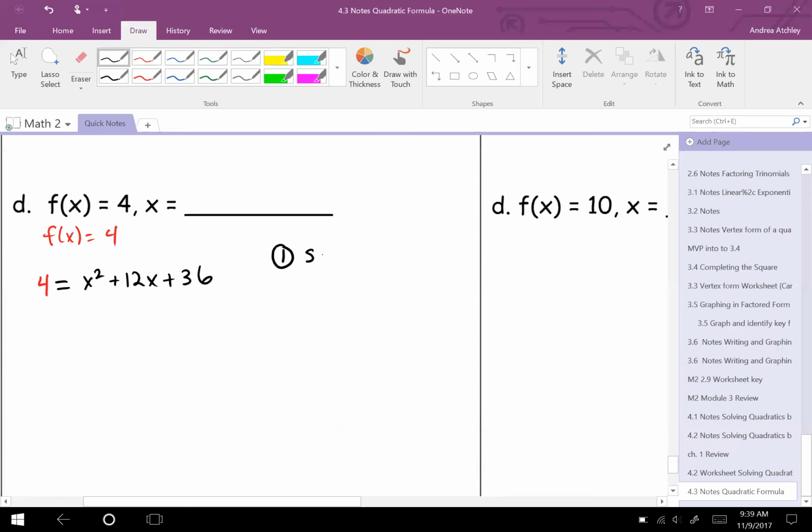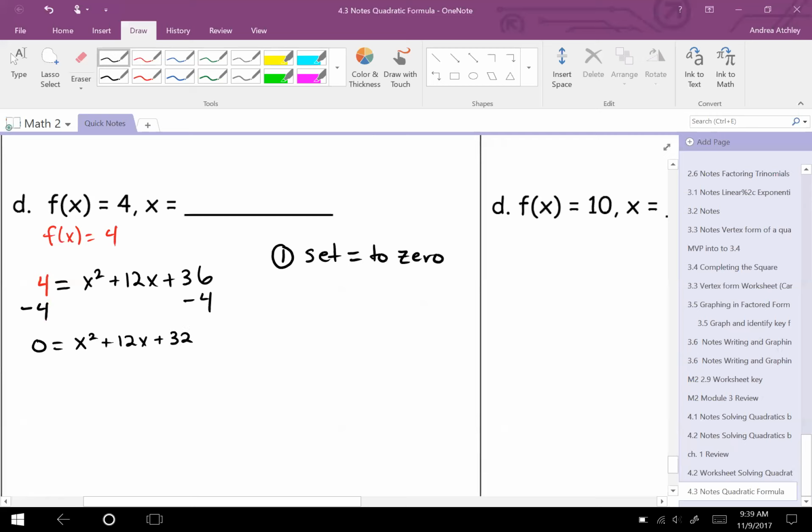We have to set it equal to 0. In order to do that, I'm going to subtract that 4. 4 minus 4 is 0. X squared plus 12x. 36 minus 4 is 32.